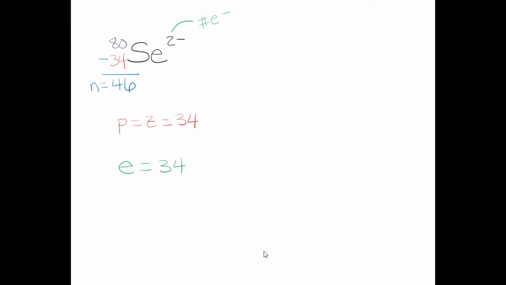The sign tells us what to do. Because this is a negative ion, we will add 2 electrons to Z to get the total. Electrons equals 34 plus 2 equals 36.